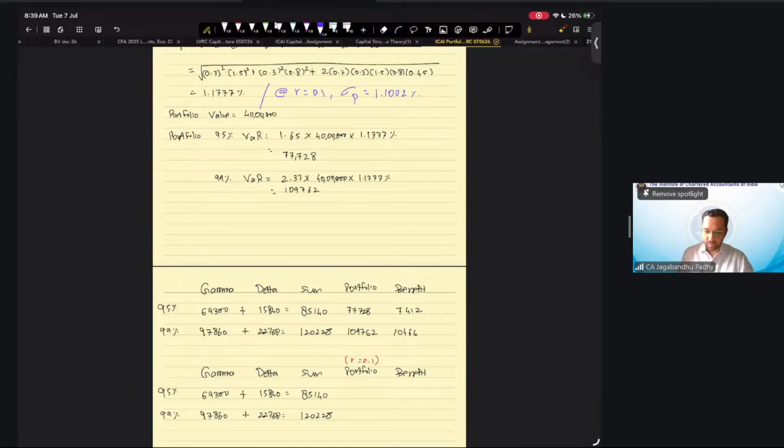Okay. So with that revised risk, we can definitely calculate the revised portfolio VAR at 95%. That's 72,613. And what's at 99%?